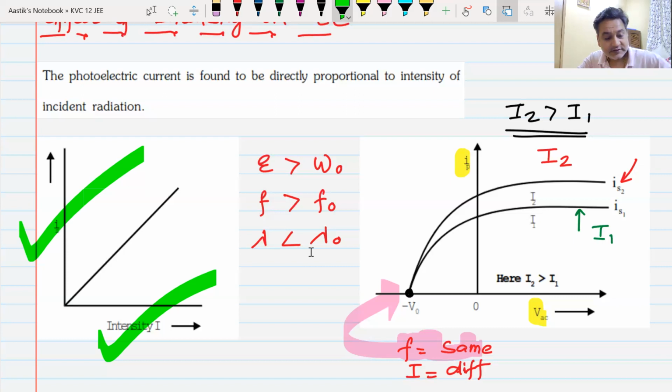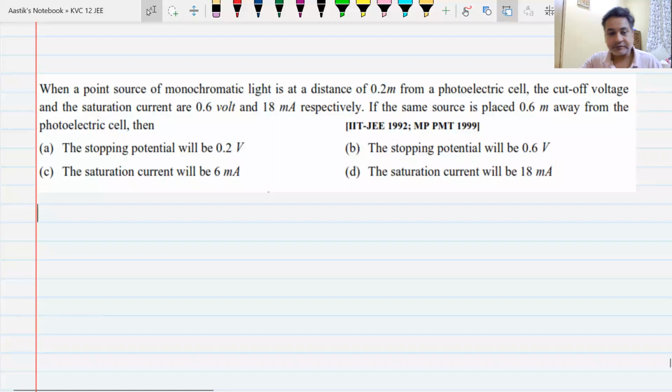Then, sir, this is the original question. And here it comes. When a point source of monochromatic light is at a distance of 0.2 meter from a photoelectric cell, the cutoff voltage and the saturation current are 0.6 volt and 18 milliamp respectively.